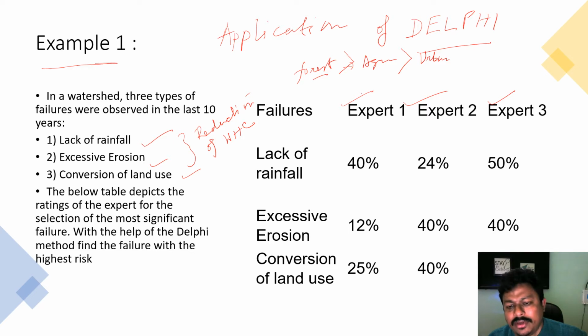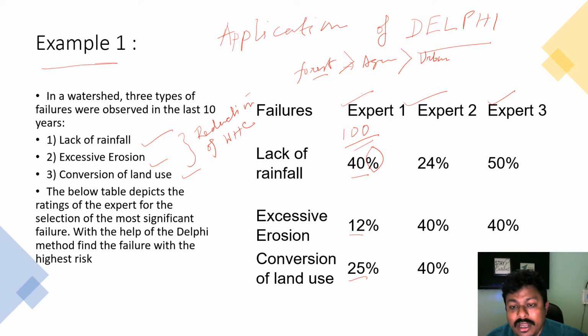The expert must rate with the help of a scale out of 100. This expert has rated lack of rainfall as the most significant, giving 40 to lack of rainfall, 25 to conversion of land use, and 12 to excessive erosion.